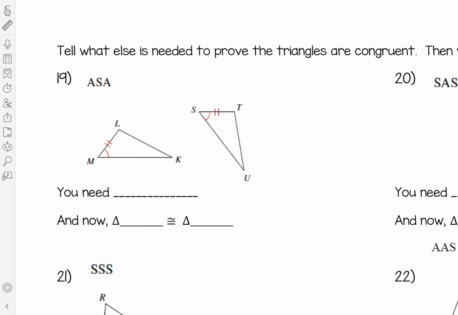So, for example, I see that angle M is congruent to angle S. I see that ML is congruent to ST. So the only other thing I need is an angle, and remember, order matters, so I have to know that angle L is congruent to angle T. So that's what I need. If I knew that to be true, then that means that MLK is congruent to STU.